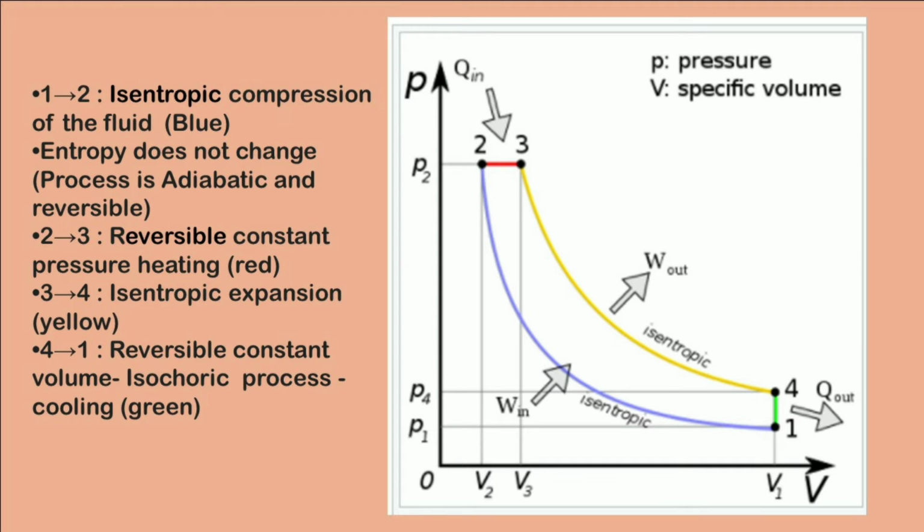In this process, energy enters the system as heat. The next process 3 to 4, represented by the yellow line, is an isentropic expansion process. In this process, energy is transferred out of the system in the form of work out. The last process 4 to 1, represented by the green line, is a constant volume isochoric process.